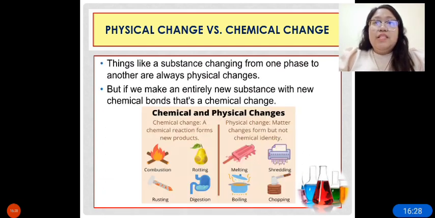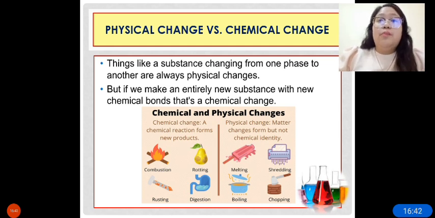Now, let's talk about the difference between physical and chemical changes. Physical changes, as we have discussed earlier, are all about changing the form of a substance without making a new substance. It's like when we melt an ice cube.